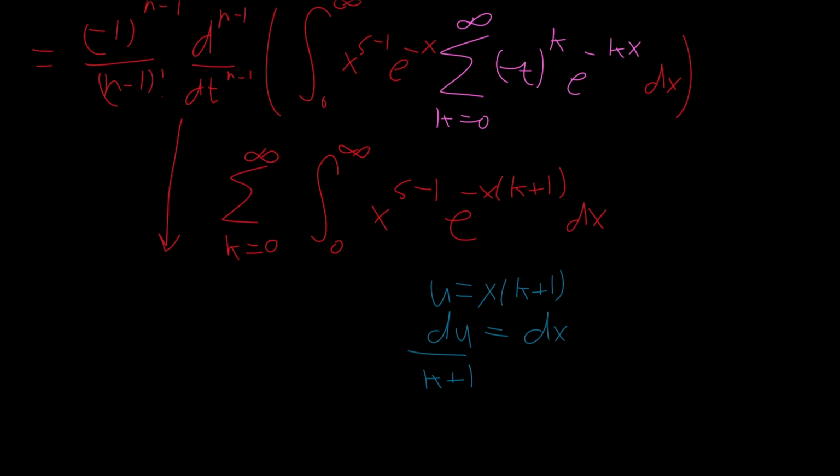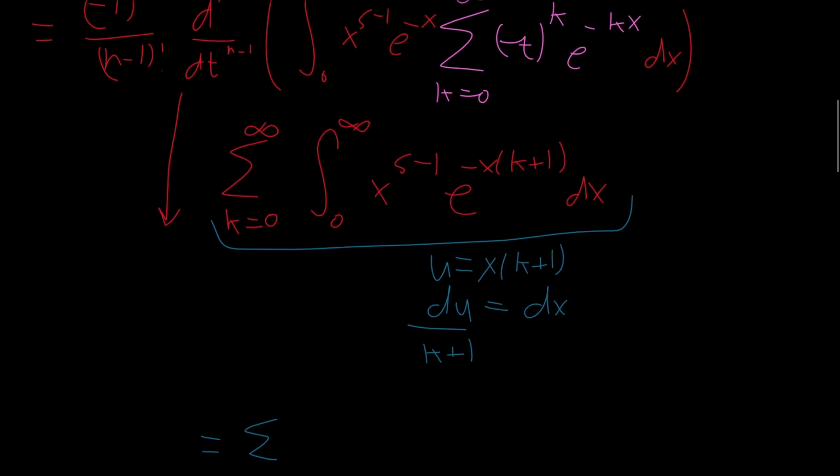So this means that this term right here in total is equal to the sum from k equals 0 to infinity of our integral from 0 to infinity still, but now we have our x to the s minus 1, but we can express x as u over k plus 1.